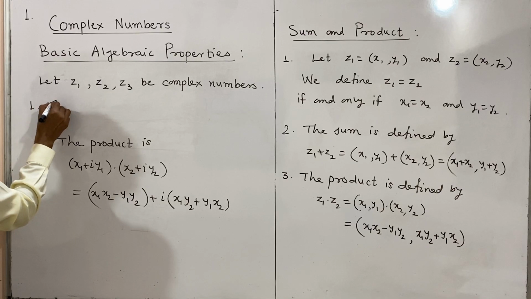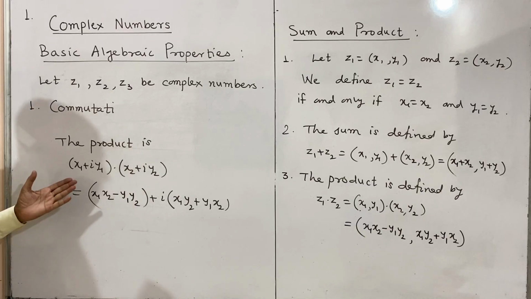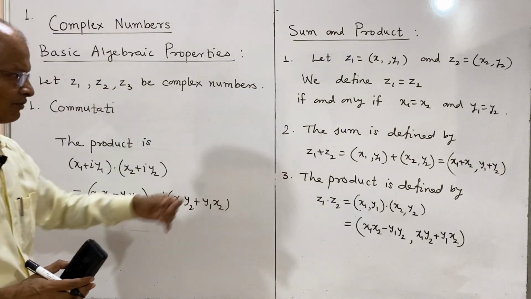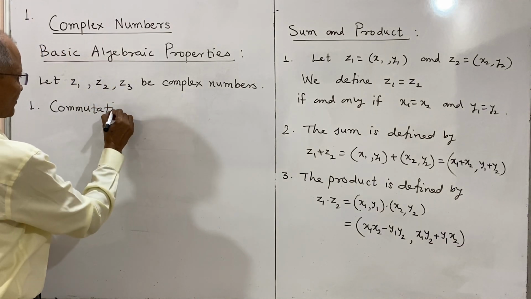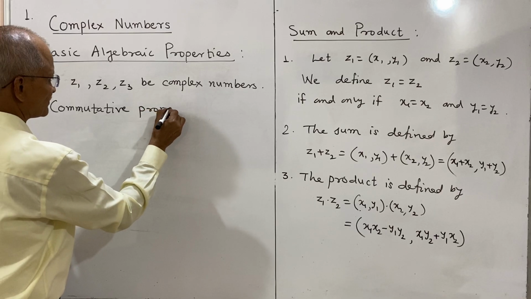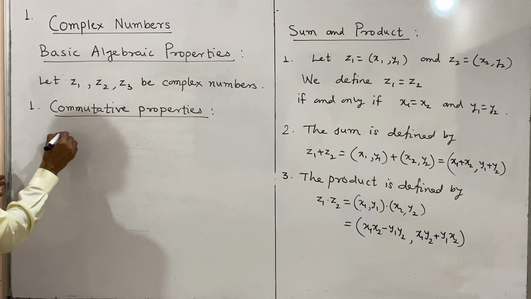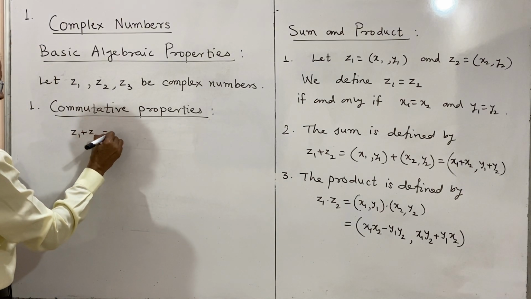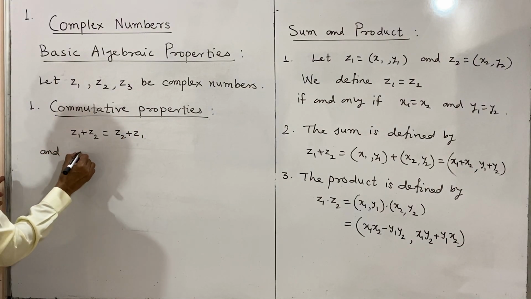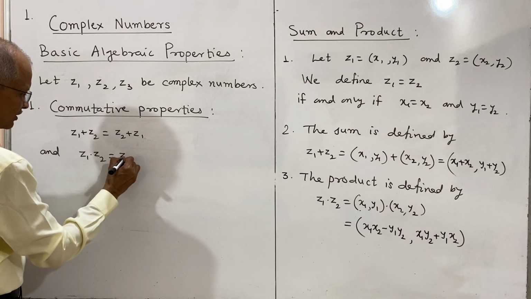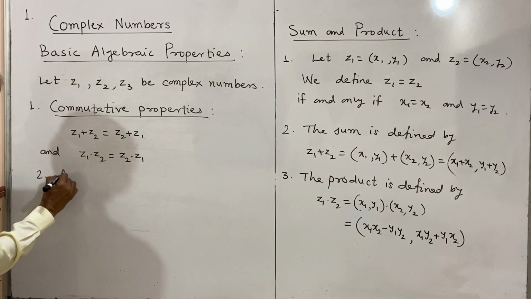Then the first property we shall see is commutativity. It is easy to verify these properties with the help of the definition of sum and product we have written earlier. Both addition and multiplication are commutative. So we have z1 plus z2 is equal to z2 plus z1, and z1 into z2 is equal to z2 into z1. Easy to verify this.